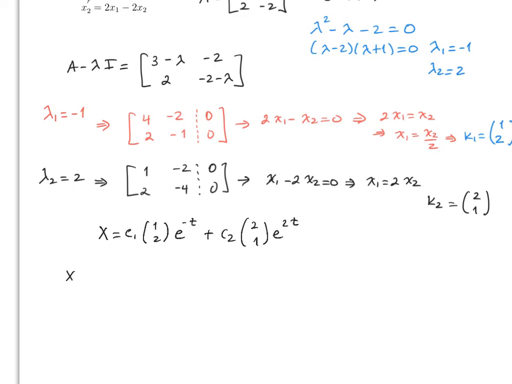So remember the initial conditions. We have the initial conditions, x of 0 was equal to 1, negative 1.